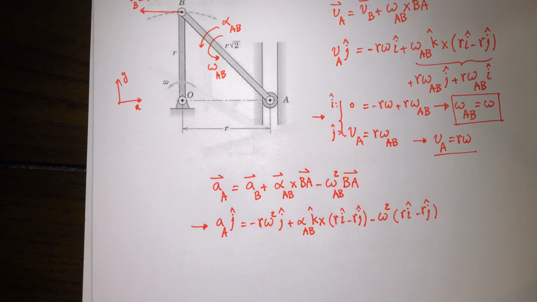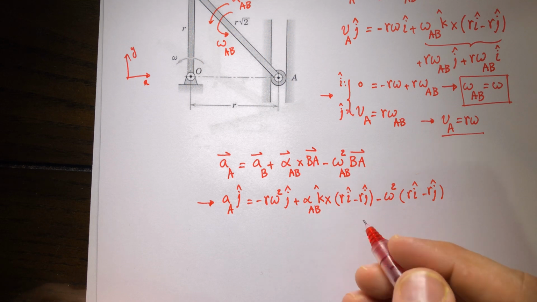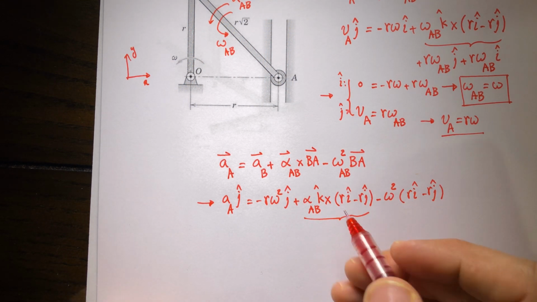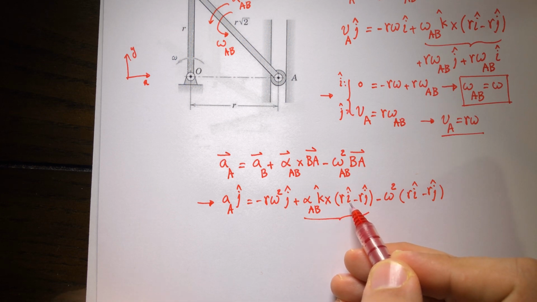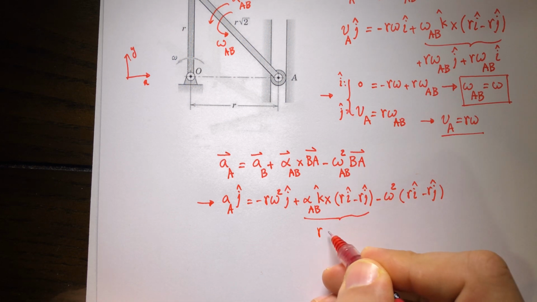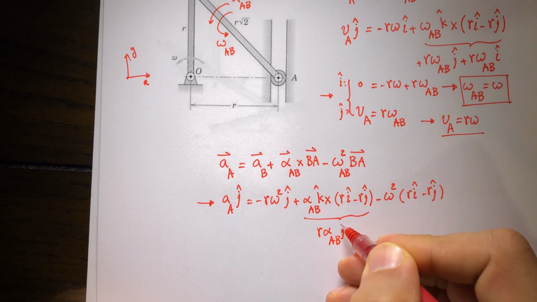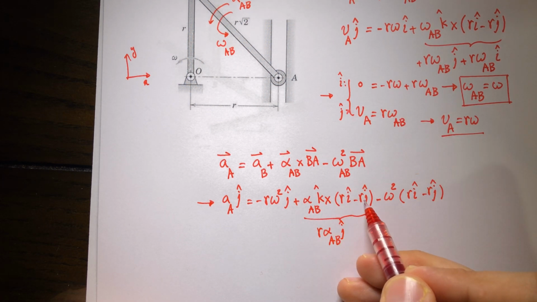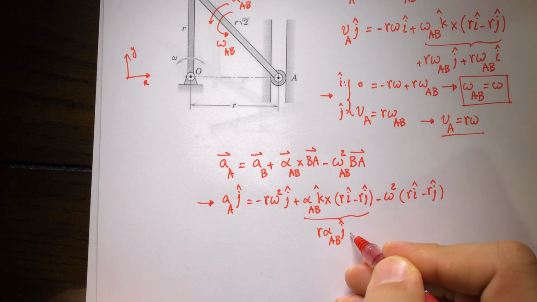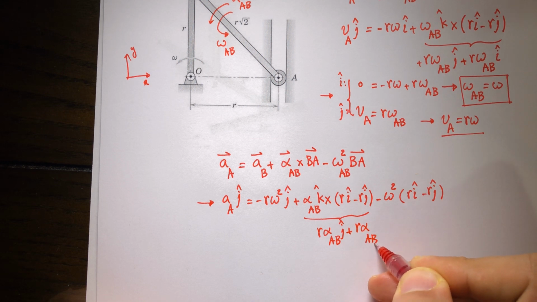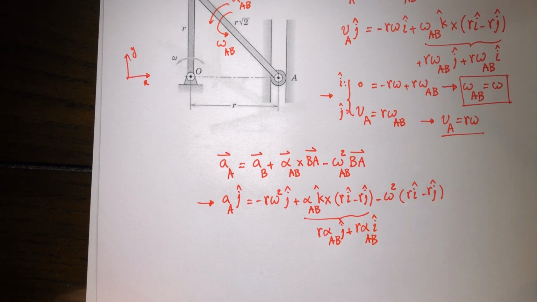Okay, we have a cross product here. So k cross i is j, so r alpha AB times j hat. k cross j is negative i, and then negative here, so positive r times alpha AB i hat.